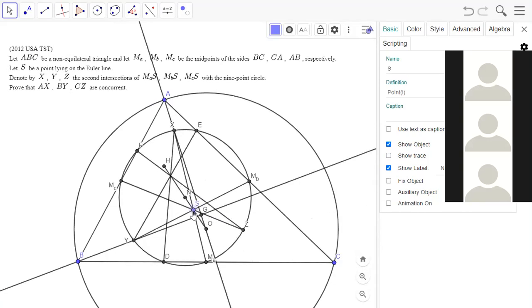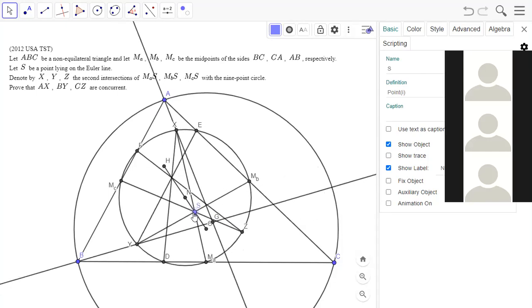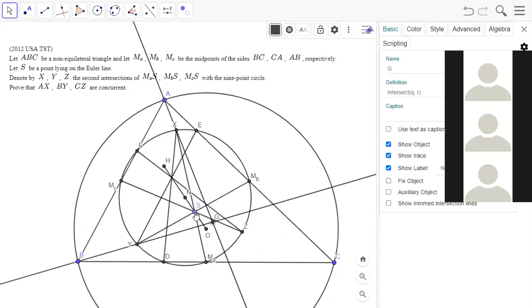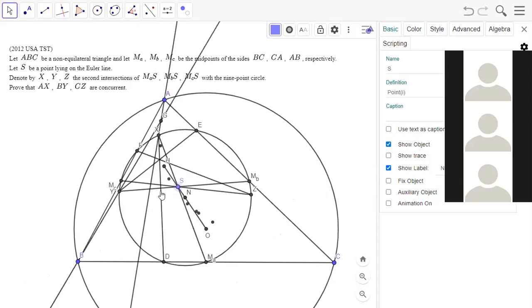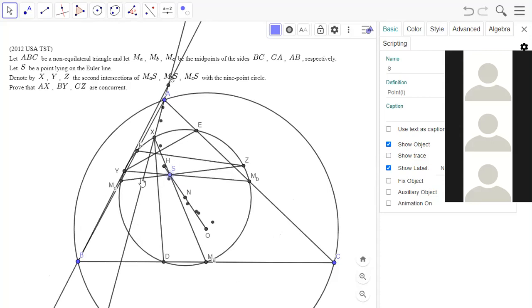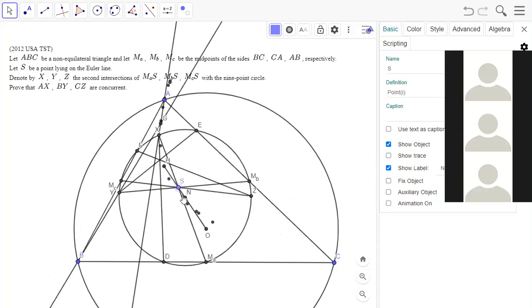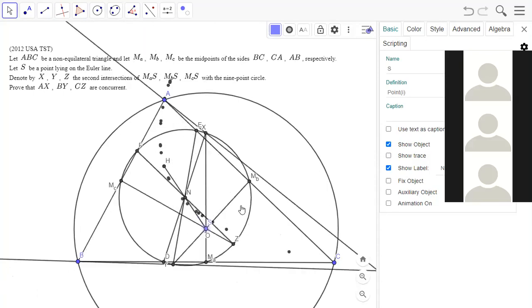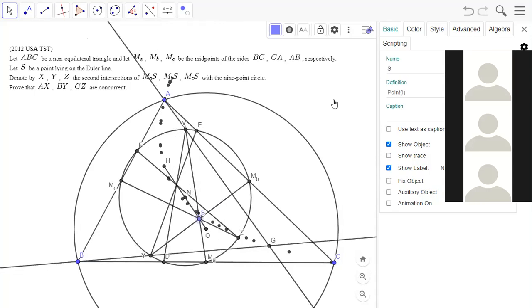There we go. But yeah, I don't know. Is it a conic that G traces out? Because it goes way up there. I don't know if it's a circle or an ellipse or hyperbola. But yeah, I don't know. I'm not sure how hopeful that's going to be.